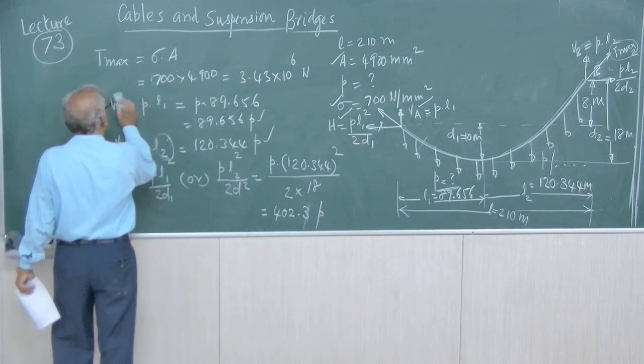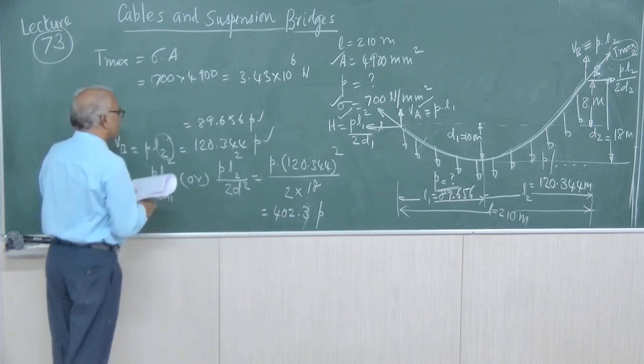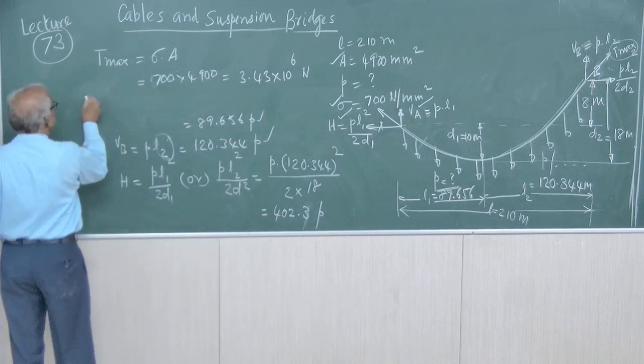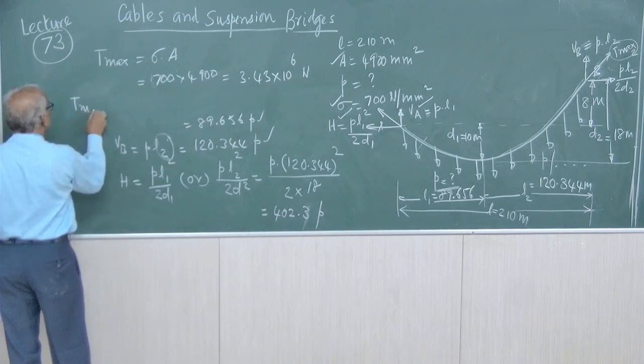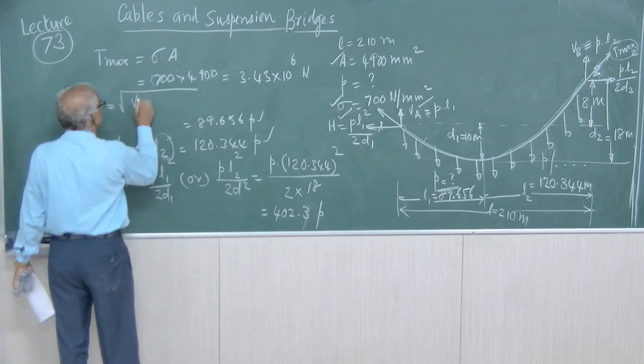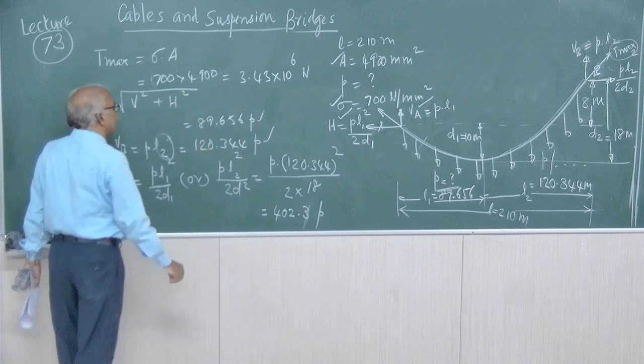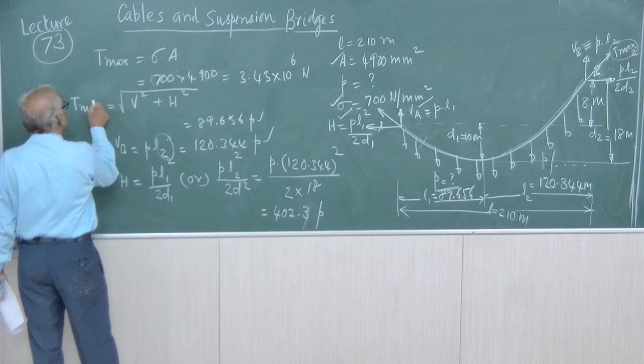Now, after finding these values, we know T max equals root of V square plus H square. We know VB is more, and we want the maximum tension.